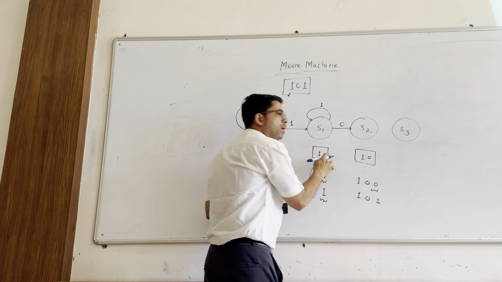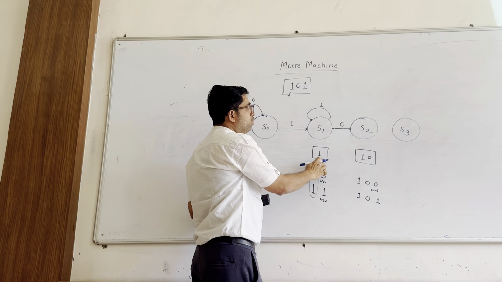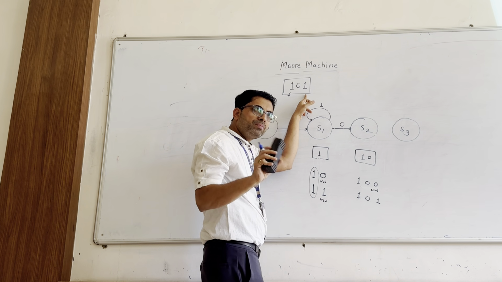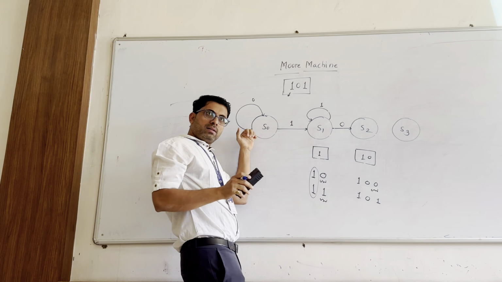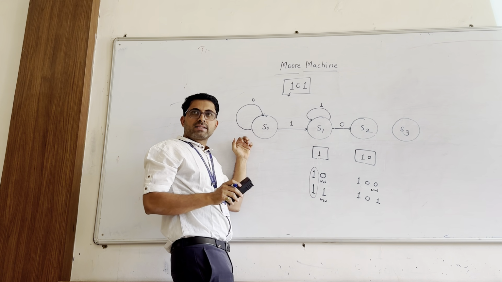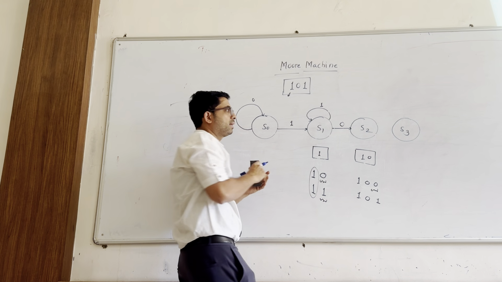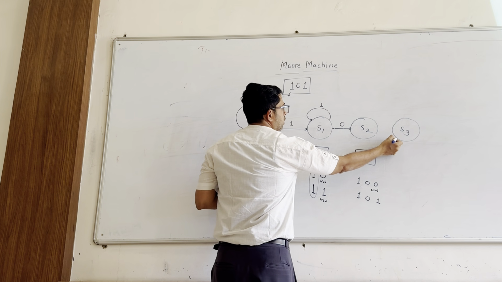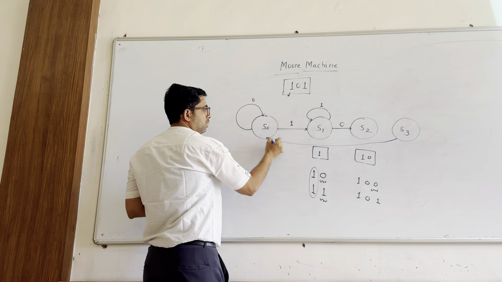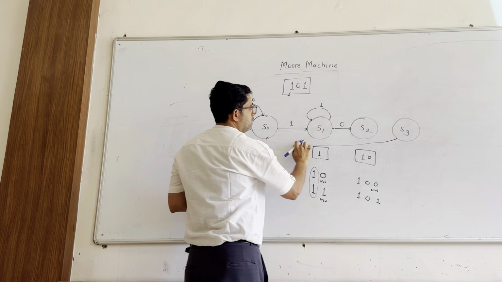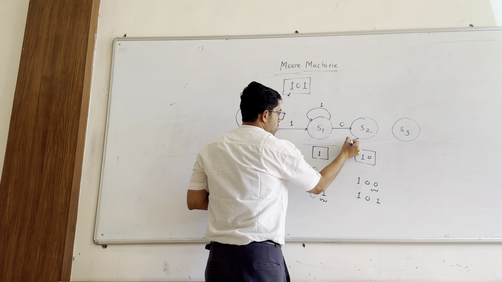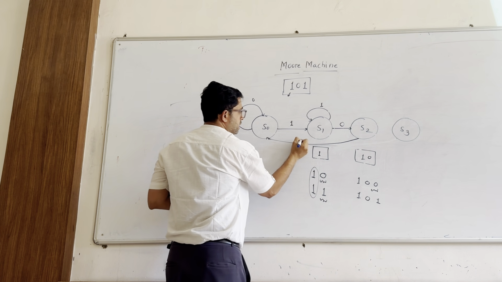Is the 0 available over here? No. Is my next bit 0? So we need to go to the initial state. Yes or no? Initial state. So what is this? S2. Sorry. This is my 0.